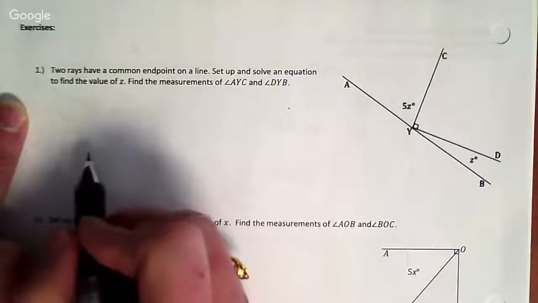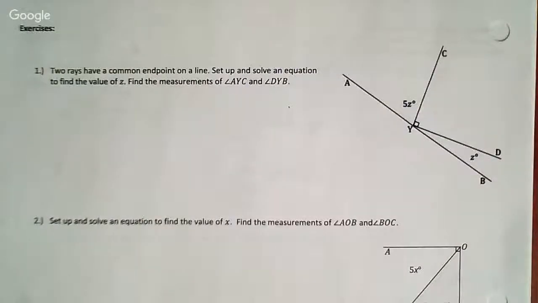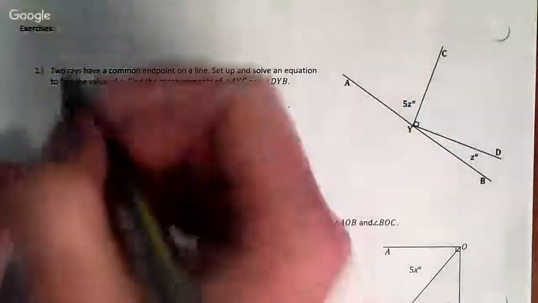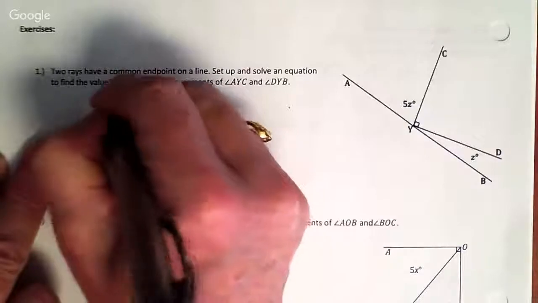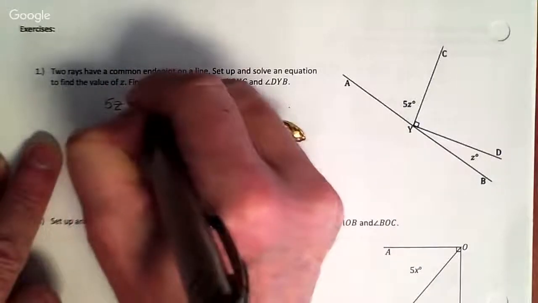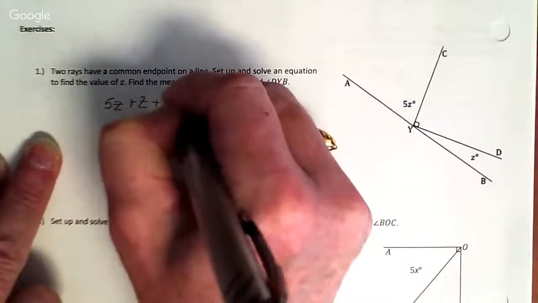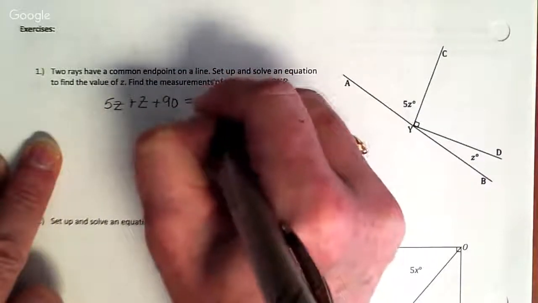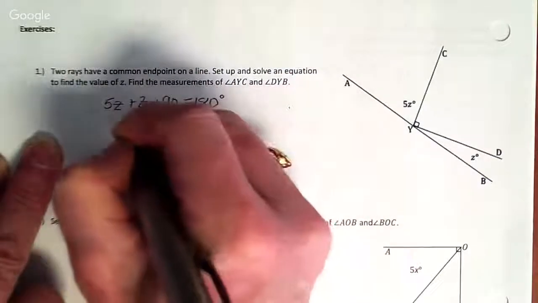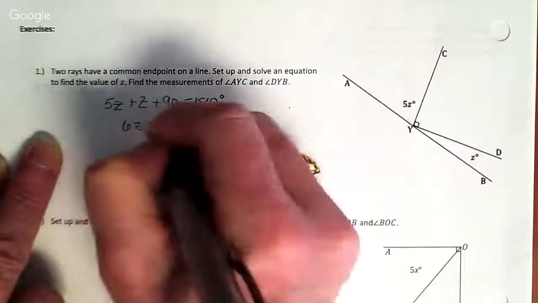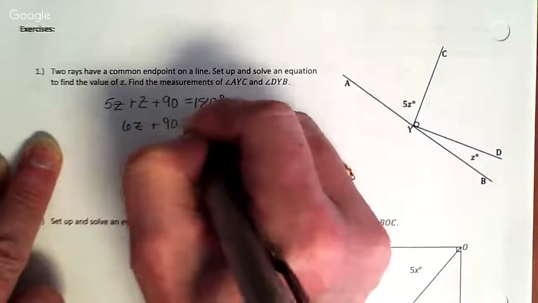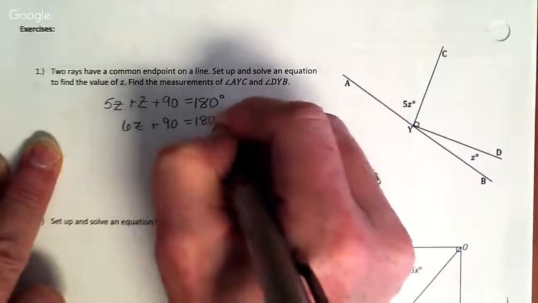So we have 5z plus z plus 90 degrees. That's going to equal 180 degrees. So now I have 6z plus 90 equals 180 degrees.